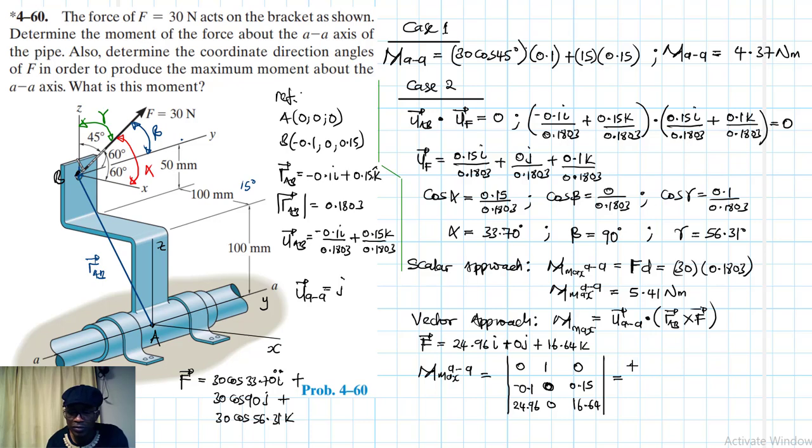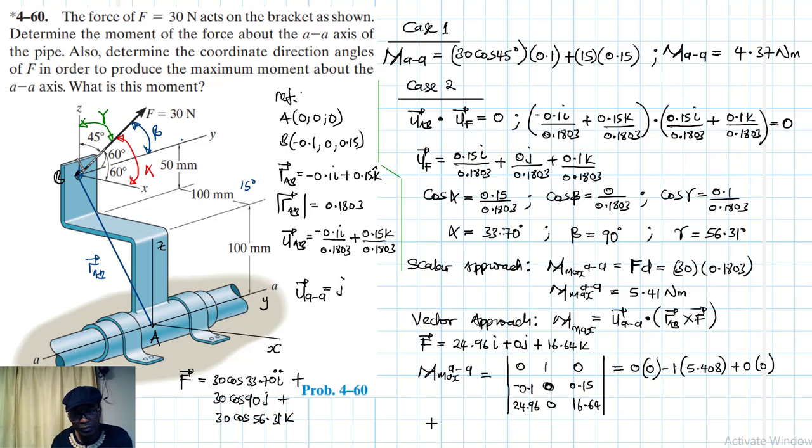So we have 0 by 0 minus 1 times, minus 0.1 by 16.64 minus 0.15 by 24.96. This gives us 5.408, plus 0, plus 0.